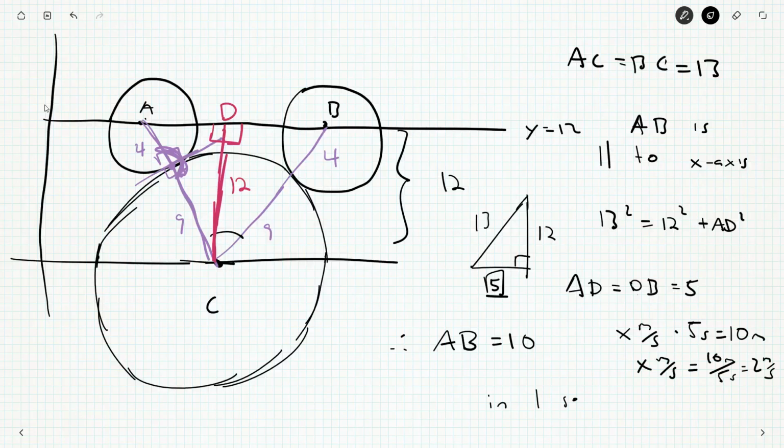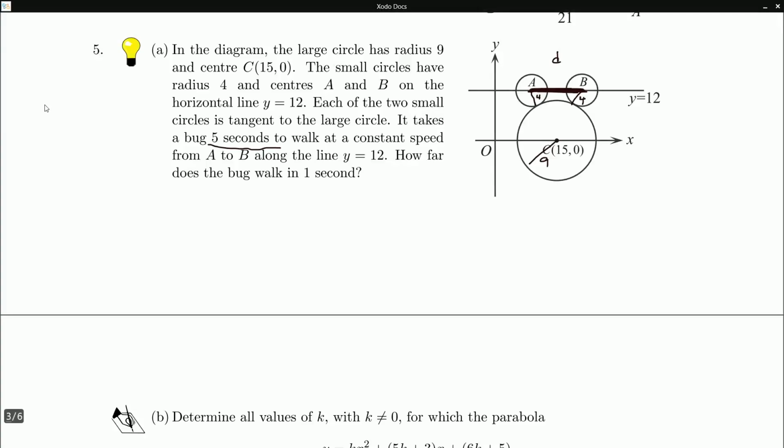So in 1 second, the bug goes a distance of 2, so 2 meters, let's say. And there we go. That's all we needed. So we just need an answer of 2. They don't have units in this question, and that's fine.